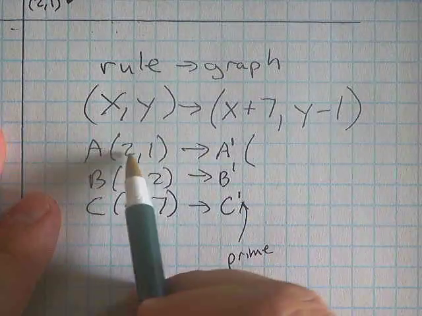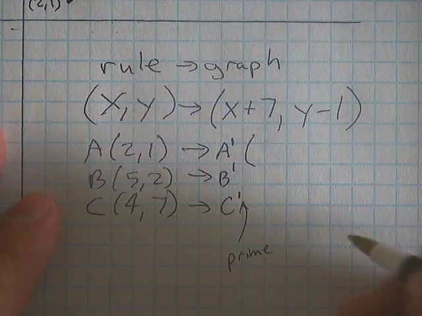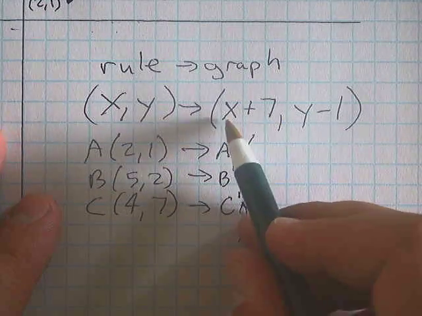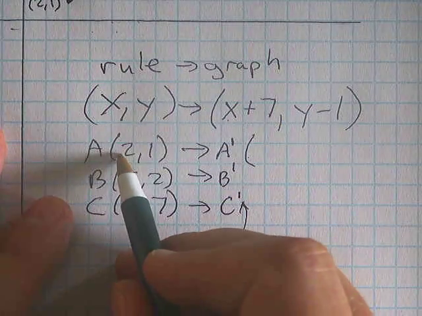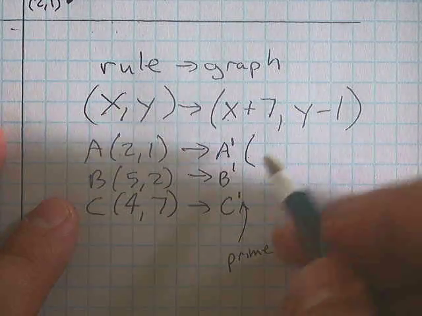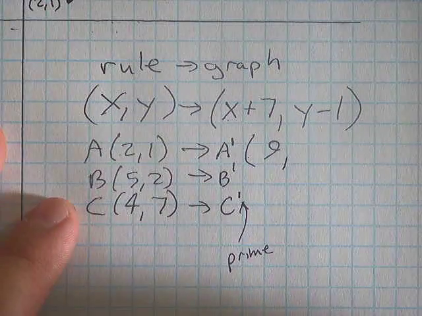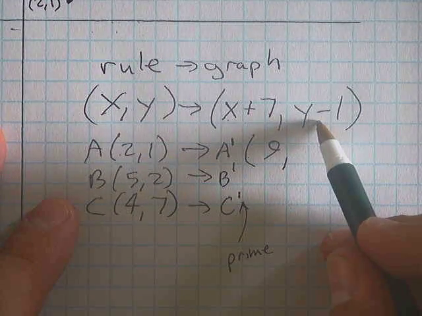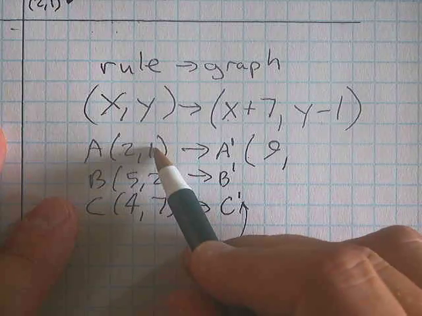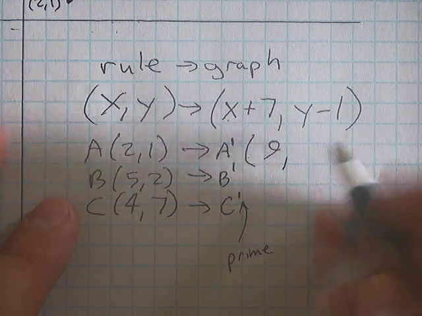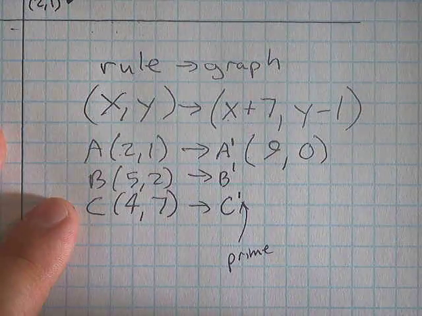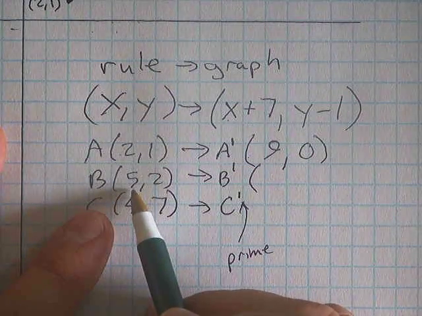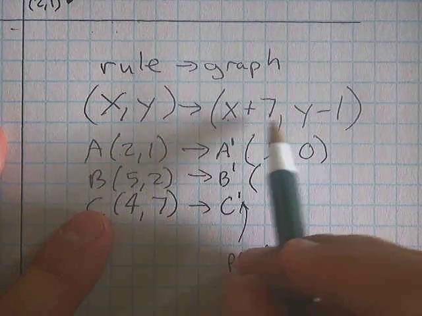This mark over the top means prime. Now, I'm going to take each of these points and add or subtract what I need to. If I look at A, it says to add 7 to the x. So I have 2 plus 7, which gives me 9. For the y, I have 1, and the rule tells me to subtract 1 from the y. So 1 minus 1 gives me 0.